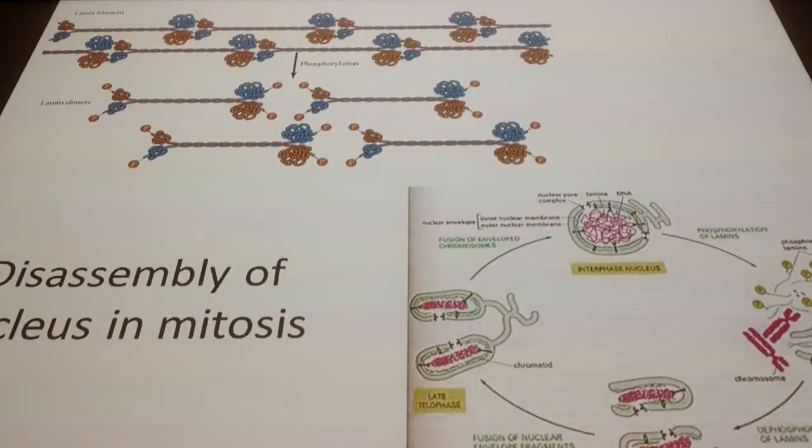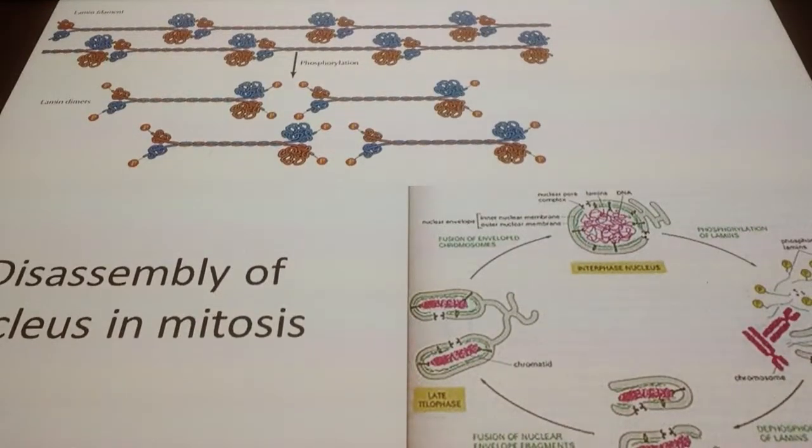A cell can induce the breakdown of the nuclear scaffold by phosphorylating lamin. Lamin in the unphosphorylated form can be used to form the nuclear scaffold. But if a kinase goes in and phosphorylates the lamin that is already in the nuclear scaffold, then phosphorylated lamins no longer have affinity for one another, and that causes disassembly of the nuclear scaffold.